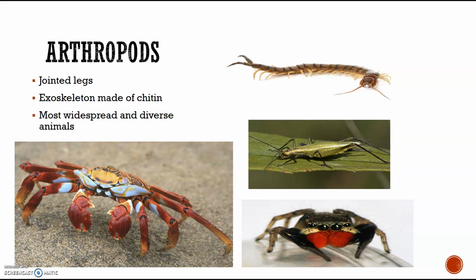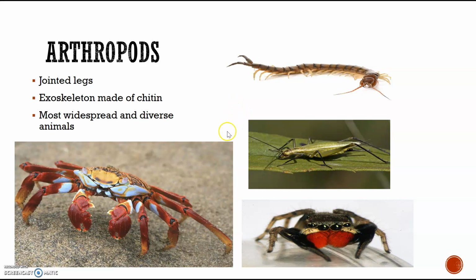Now, they are represented by the crustaceans, so we've got a classic sort of crabs, lobsters, and shrimp, and then you have the chelicerates, which are represented by spiders, scorpions, and things like ticks. And then we have our hexapoda, which are the very successful insects, and we also have myriapoda, which are the millipedes and centipedes.